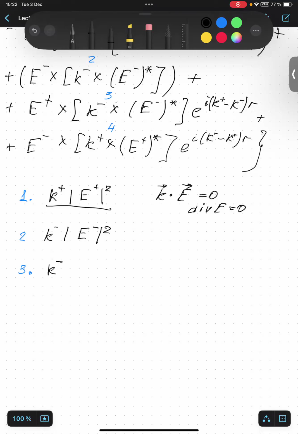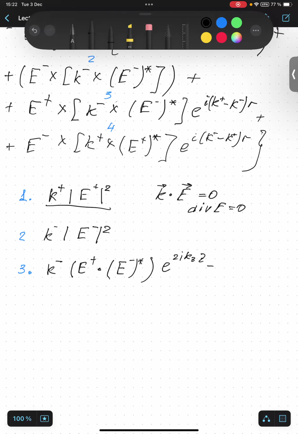We have K minus E plus times E minus conjugated, e to the i kz z, also minus E minus conjugated times K minus E plus.